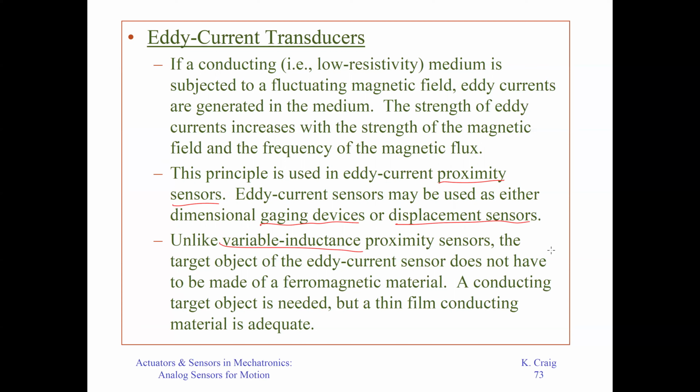The difference is we don't have to use a ferromagnetic material in here. We only need a conducting current. A target object is needed. Sometimes you put a thin film, a metallic conducting material is good enough.